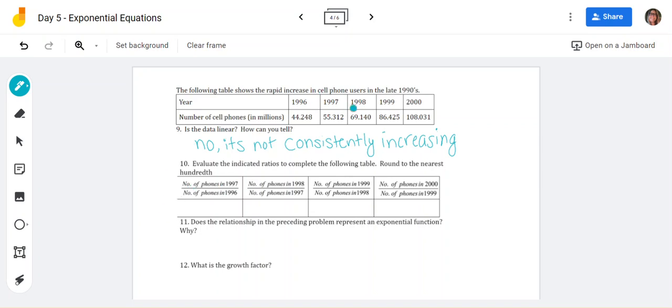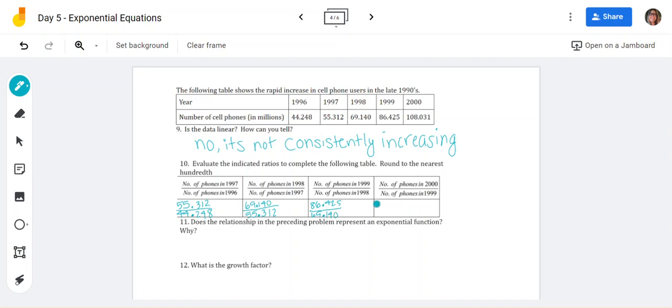So let's compare the ratios of what we had in 97 to what we had in 96. And what we had in 98 to what we had in 97. 99 to 98.